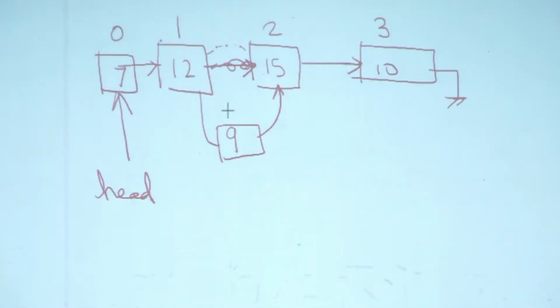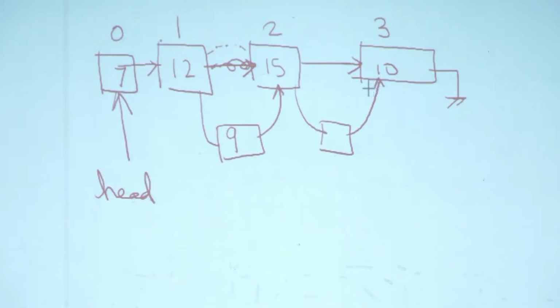This is important to understand, and many people will not understand this. If on the other hand I want to insert something at position 3, then I need to anchor myself at position 2, create a new node, shift this guy's pointer, and then make this guy point to this guy.